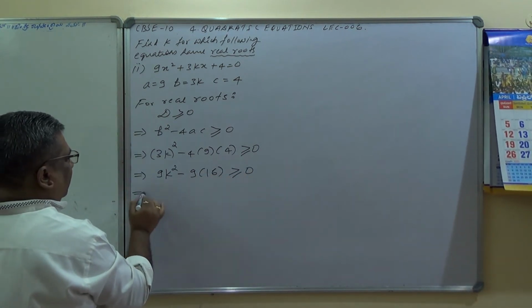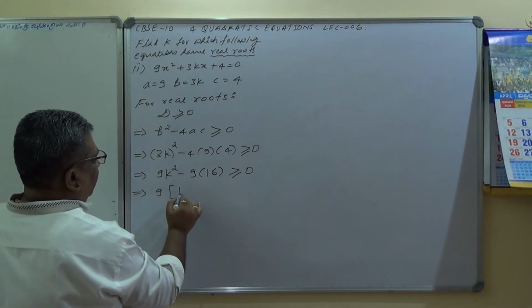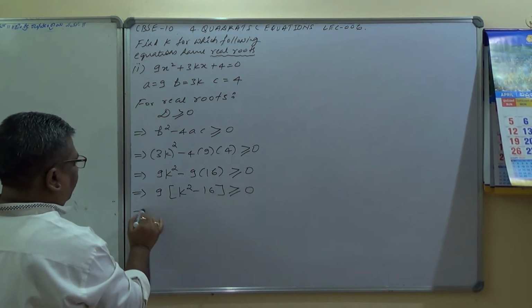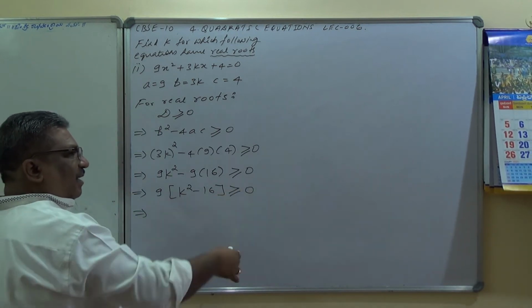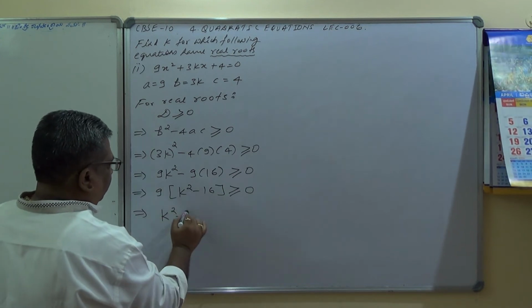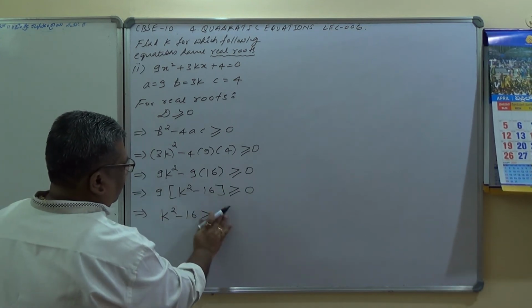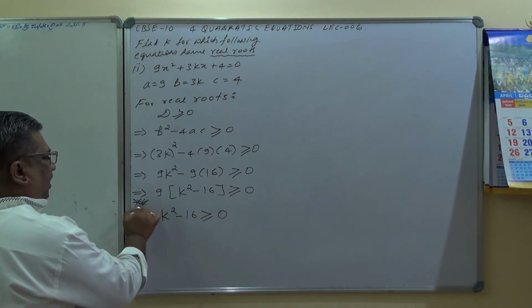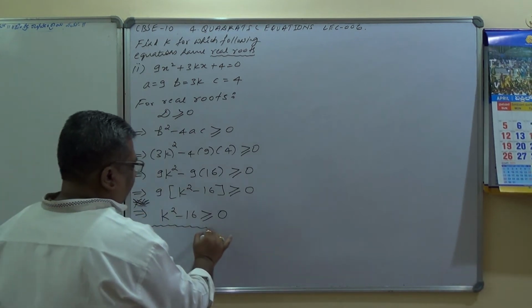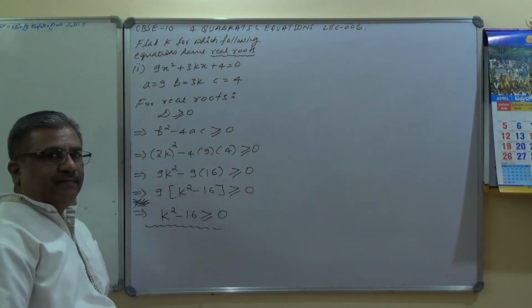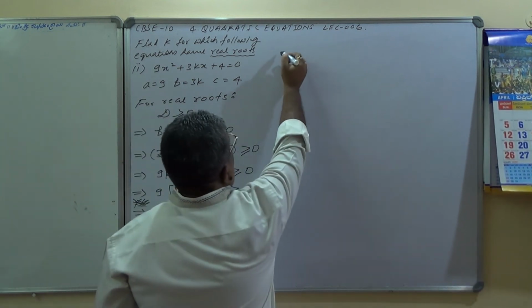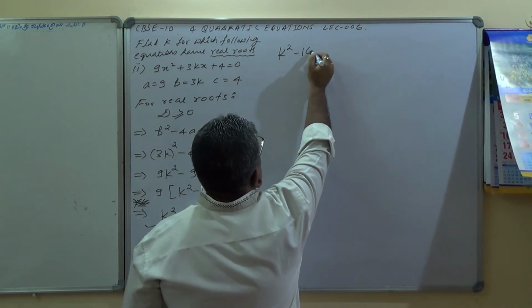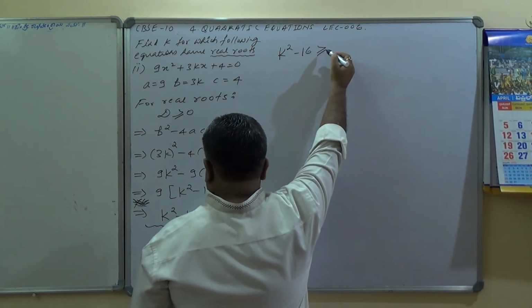What is common? 9. Take it to this side. 0 by 9 is 0. Here the real trouble starts. Let's see here. Right here. K square minus 16 should be greater than or equal to 0.